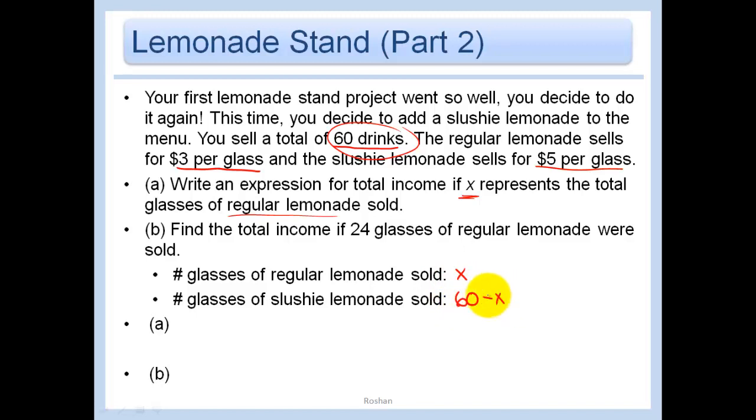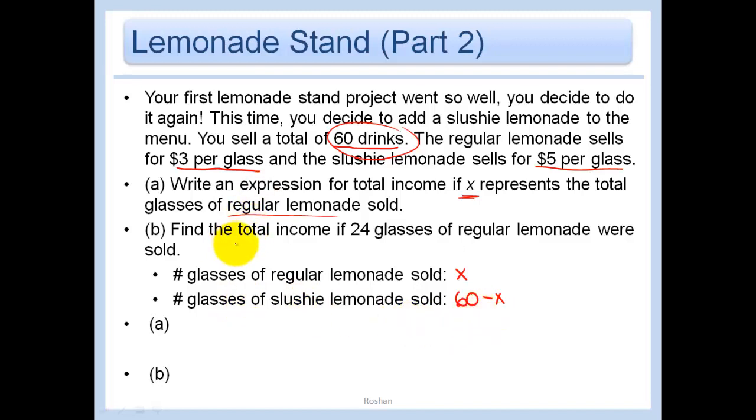And if you couldn't really figure that out, think about numbers. Put numbers in. Well, if you sold 20 glasses of regular lemonade, you would automatically know that you sold 40 glasses of slushy lemonade. So think to yourself, how did I get that? Well, I did 60 minus 20 and I got 40, right? Okay. So now what?